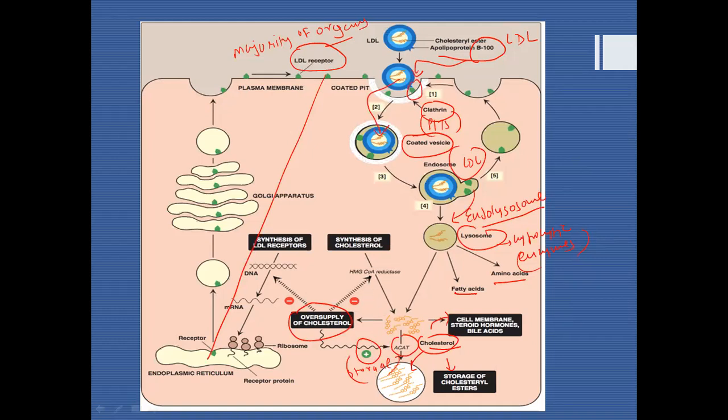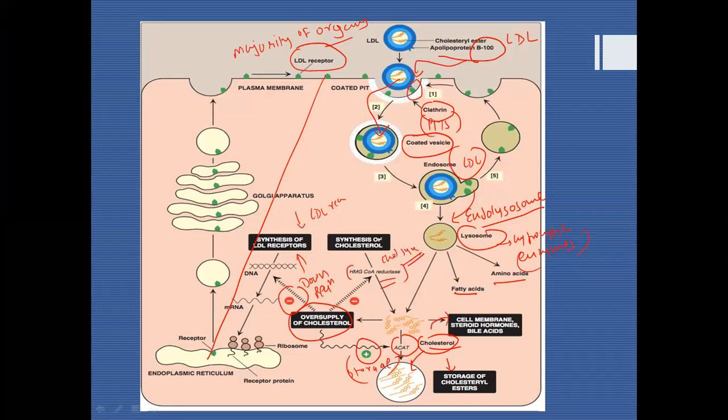Also, when the supply is sufficient, there will be down regulation of LDL receptor synthesis. Whenever we have a sufficient amount of cholesterol, the LDL receptors and their production get lowered. Similarly, a sufficient amount of cholesterol also causes feedback inhibition of the HMG-CoA reductase enzyme. HMG-CoA reductase is the main regulatory enzyme of the cholesterol synthesis pathway.